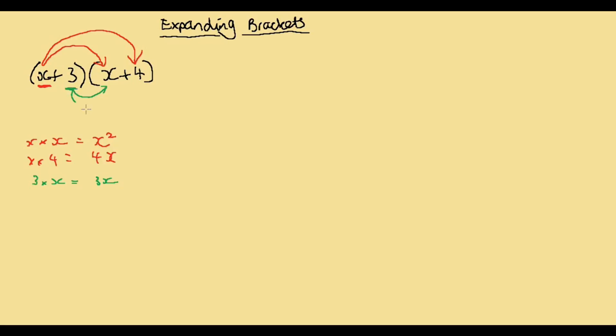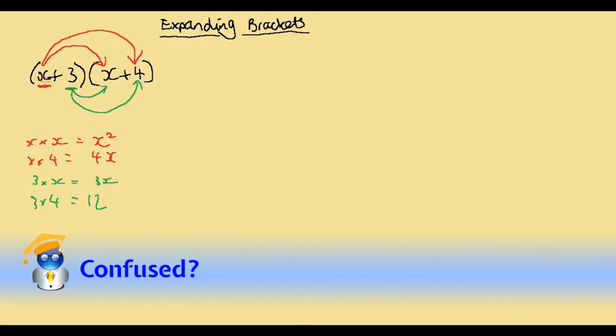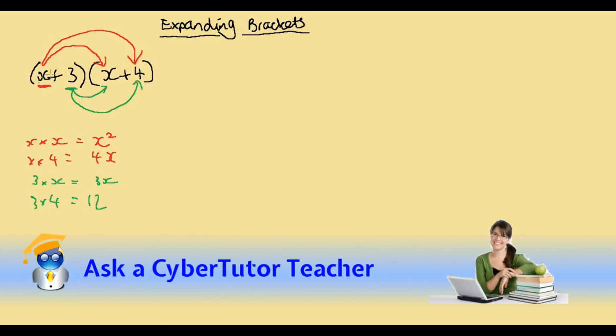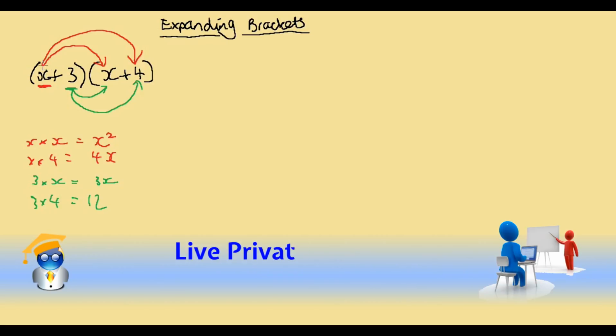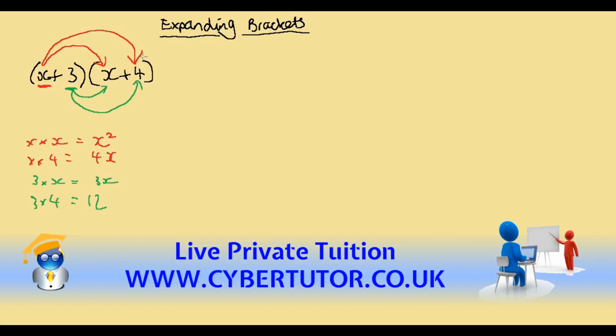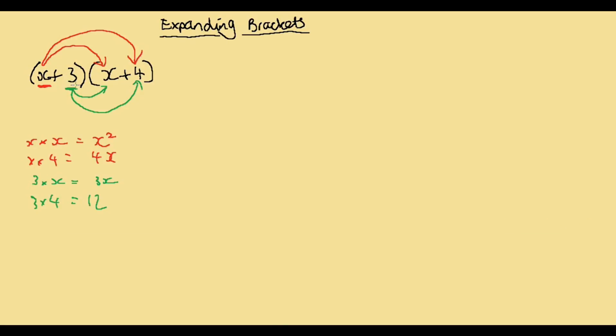The next calculation is 3 times by a positive 4, which is just 12. So there we go, we've done 4 calculations from a double bracket. To remind you, take the first term and multiply it by everything in the second bracket, and then take the second term and also multiply it by everything in that bracket.